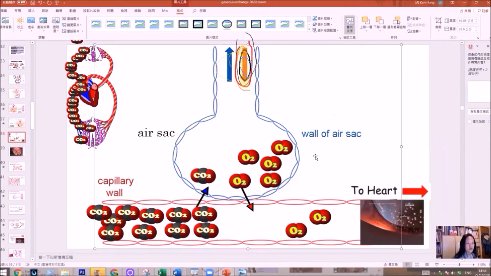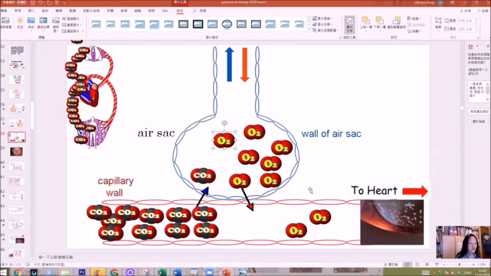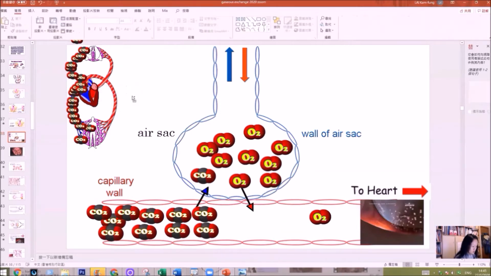Therefore, the blood will help to keep a high concentration gradient here. How about oxygen? If we look at oxygen, in the air there is 21%. So in the air sac, there should be a high concentration of oxygen. But in the blood, we have a low concentration of oxygen because when oxygen travels to the body, it will be used up to form energy and also CO2.